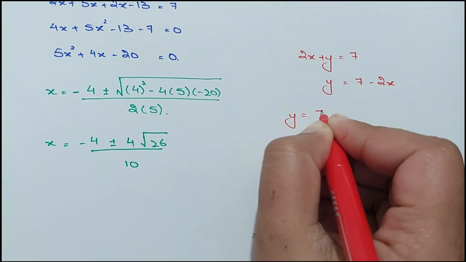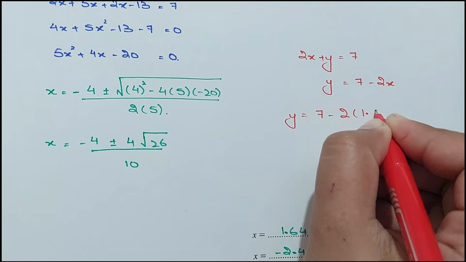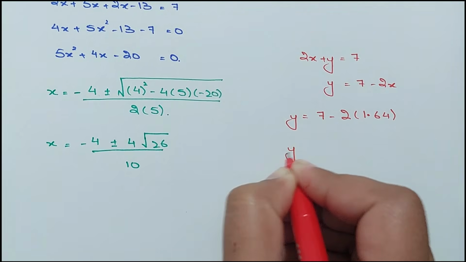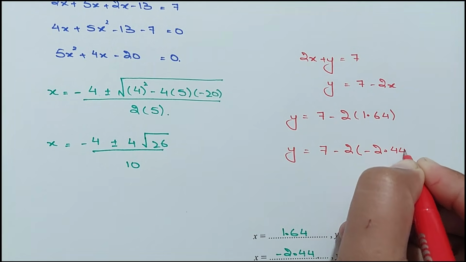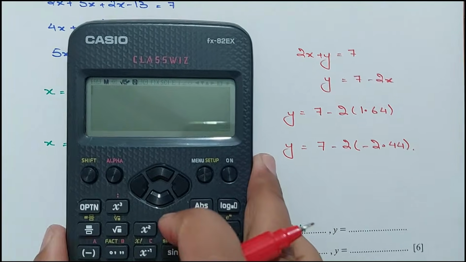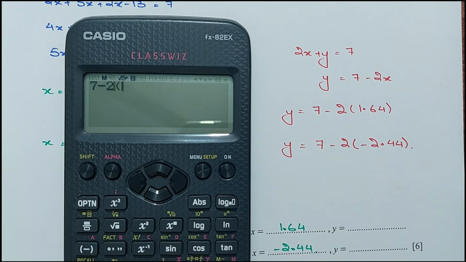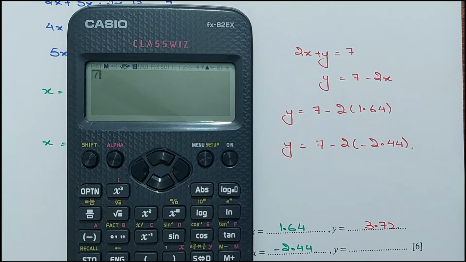So 7 minus 2 times 1.64 gives 3.72, right? The next is 7 minus 2 times minus 0.44, which gives 11.88 as the y value.